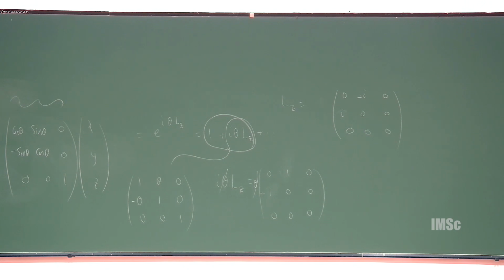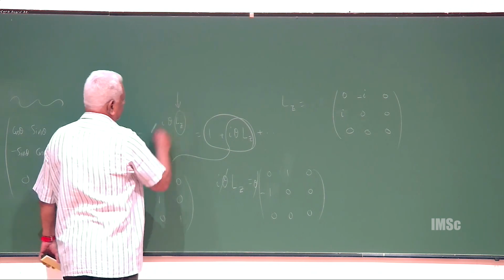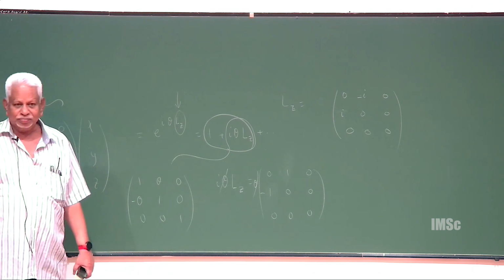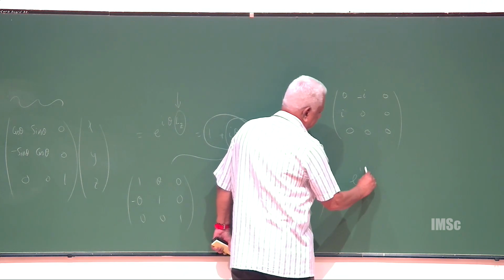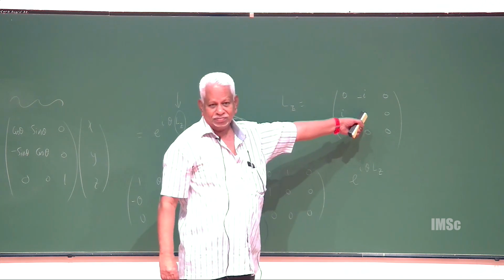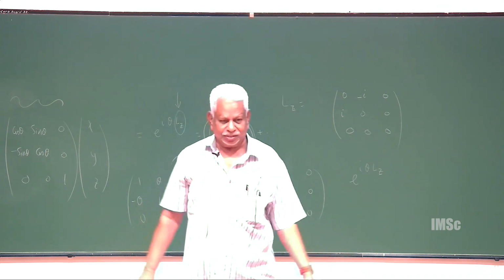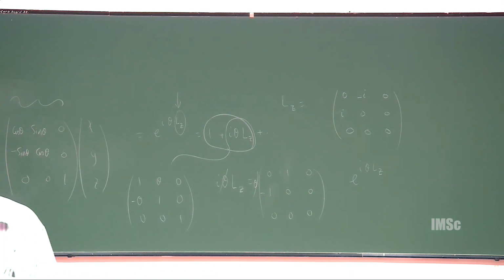Now if you know that matrix, I can substitute it here, which means e to the power i theta Lz, where Lz is this matrix. You have found out what Lz is. So you simply write the exponential of that matrix.